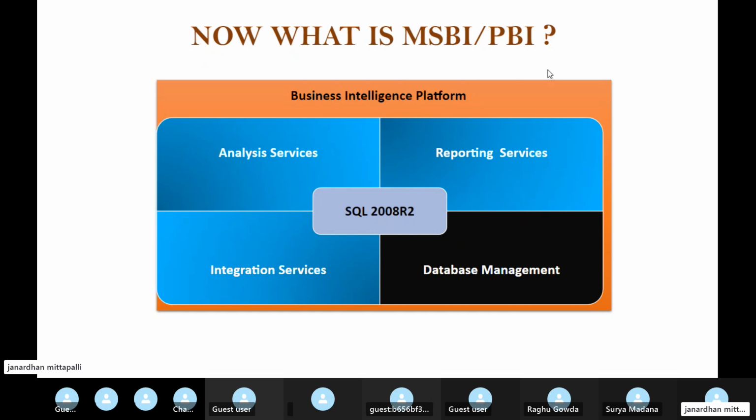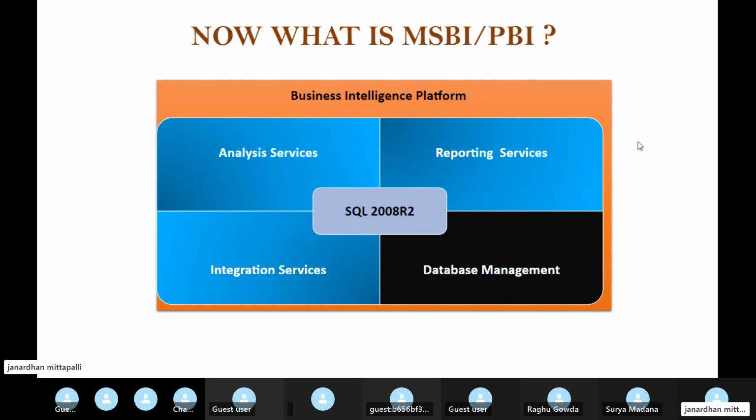But if you come to Power BI, all this you can do with a single application called Power BI. You can do data integration like the integration services in Power BI. You can even do analysis services, reporting and database management in Power BI. Data integration means you connect to different data sources for a single report.